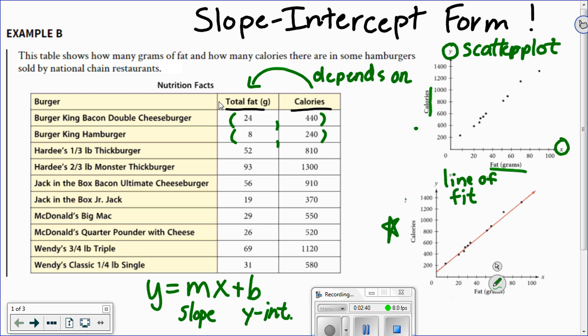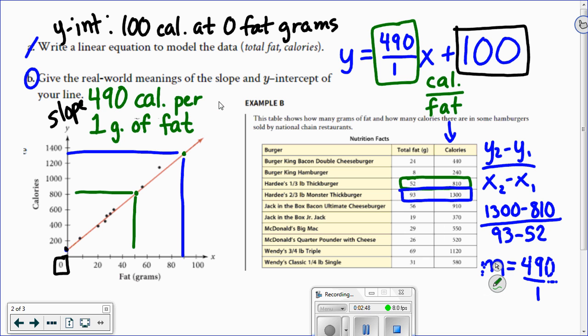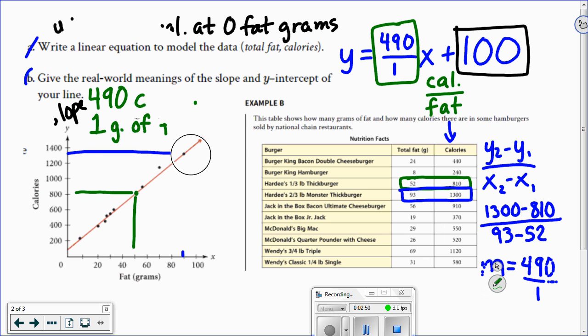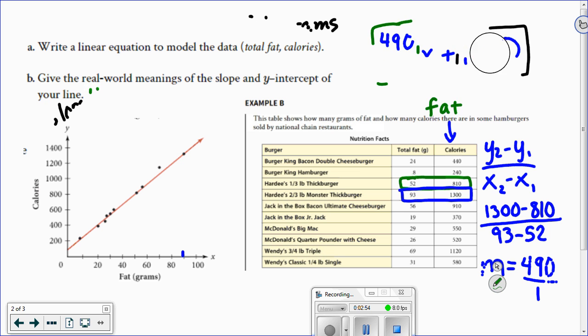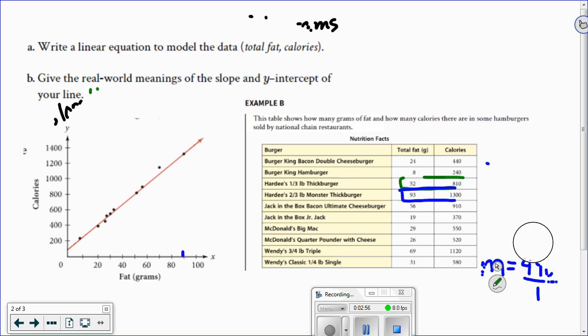Can I use that line of fit now to write an equation in slope-intercept form? Well, sure I can. So here's my graph again on the left.